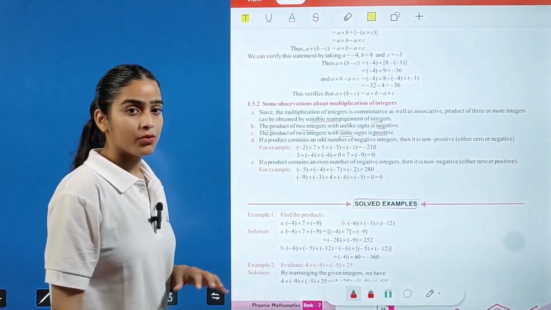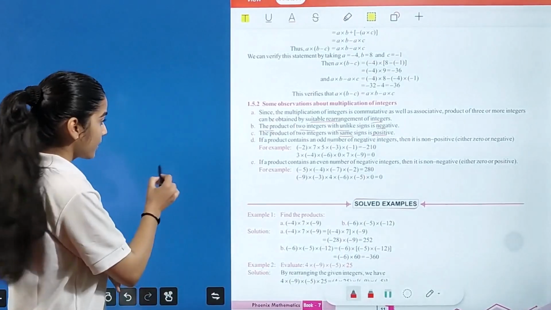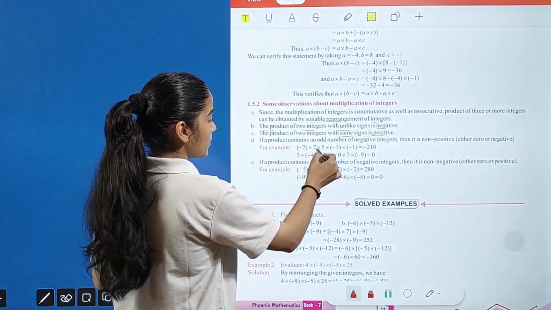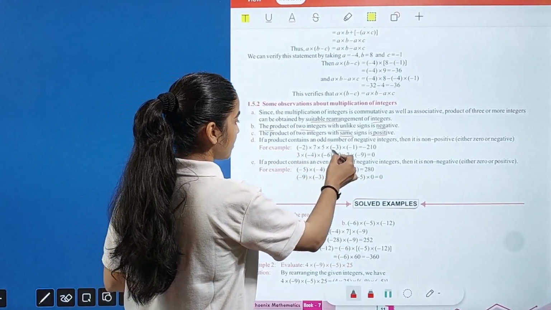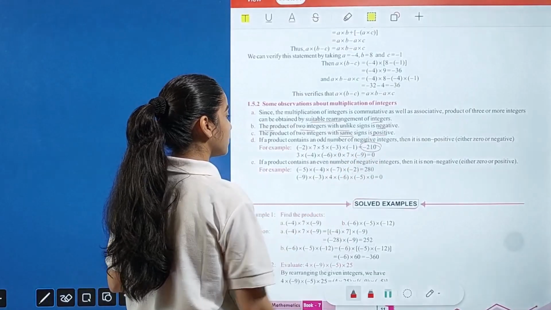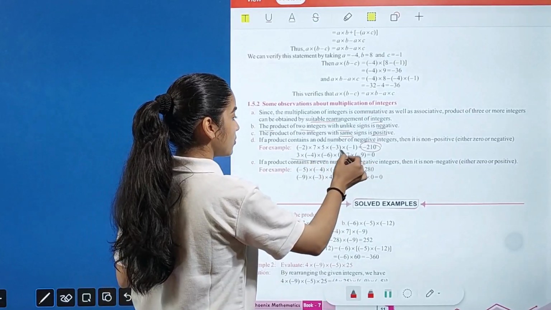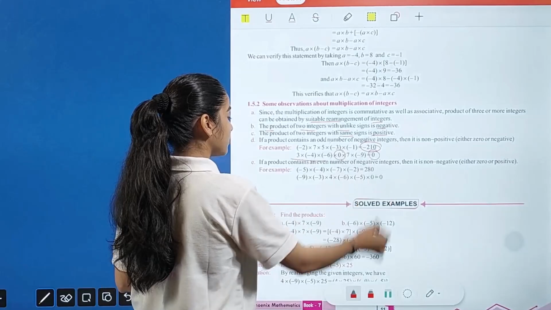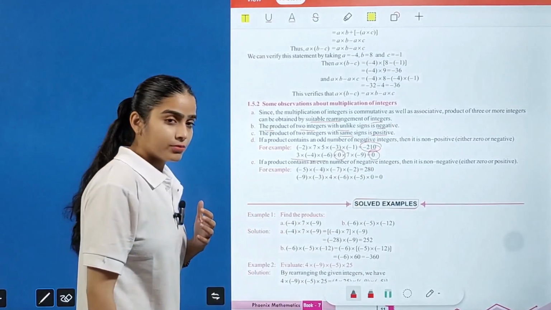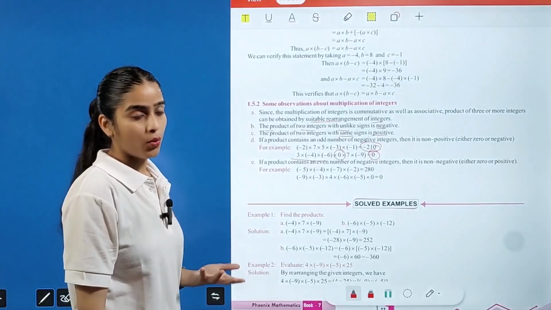For example, minus 2 multiplied by 7 multiplied by 5 multiplied by minus 3 multiplied by minus 1. What we see is an odd number of negative signs, so the answer has a minus sign. And in another example, you have a 0, so any number you multiply with 0, you will get 0 only.